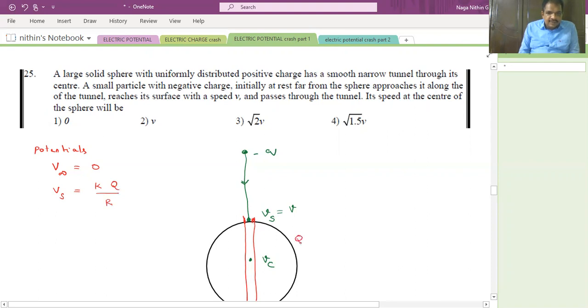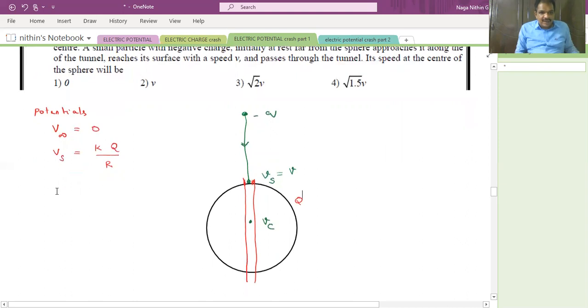Here, on the sphere, charge is not distributed on the surface only. A solid sphere with uniformly distributed positive charge means it is distributed throughout, and total charge will be Q. Entirely distributed means this will be non-conducting, like that we have to take.